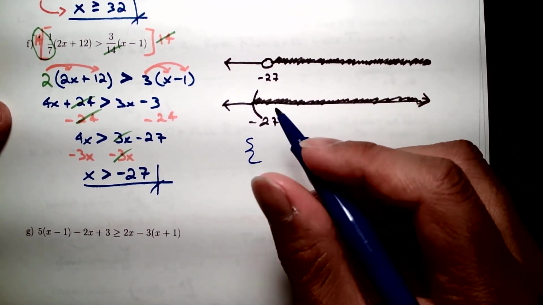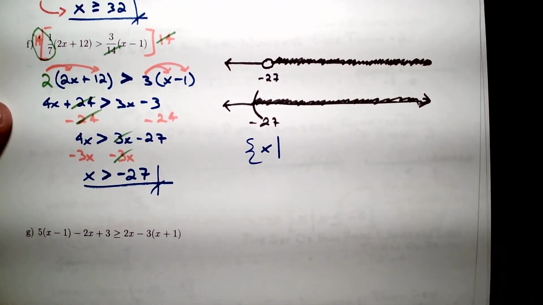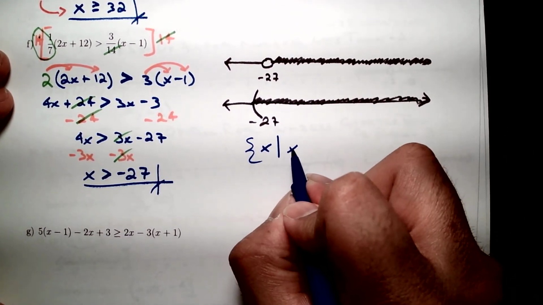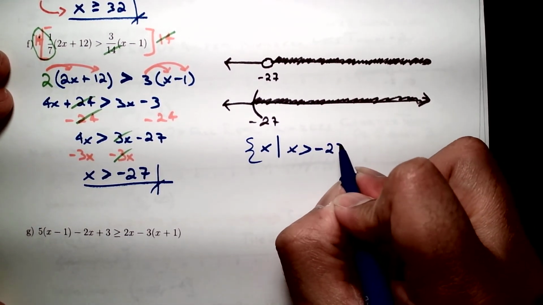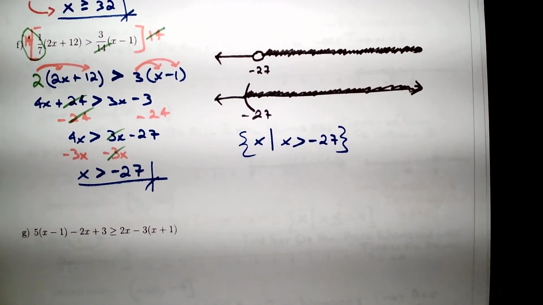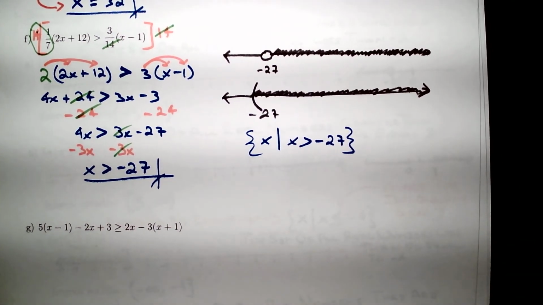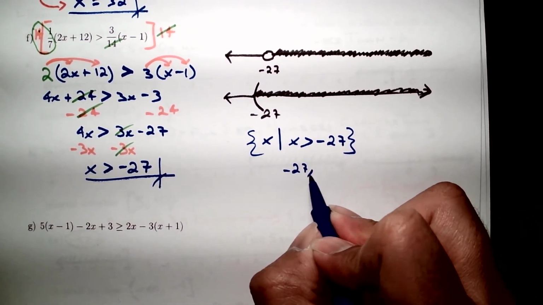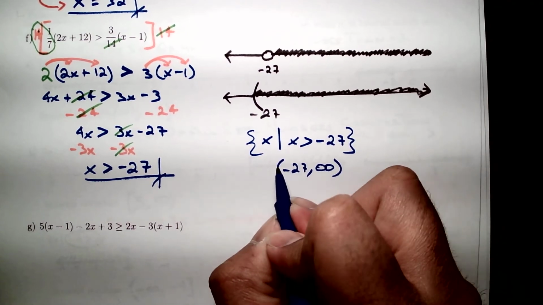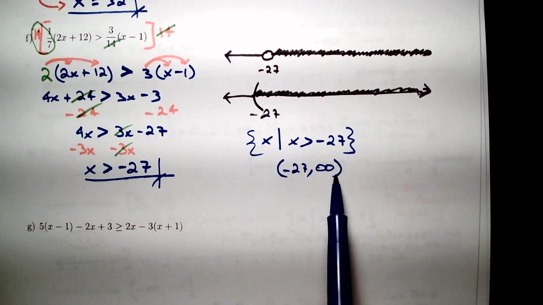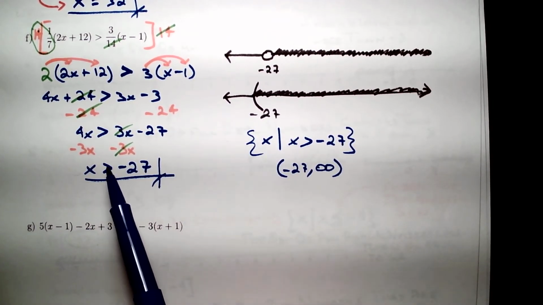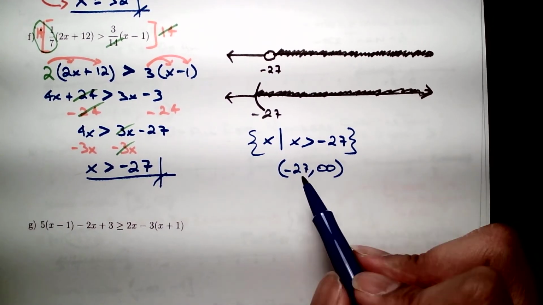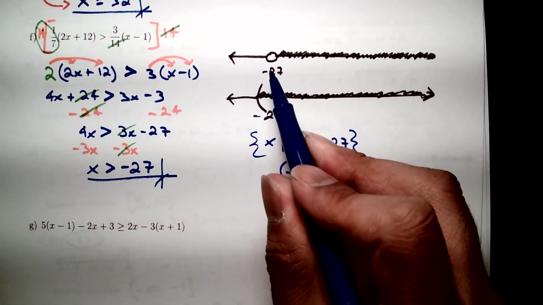All right. x such that x is greater than negative 27. Okay. So using interval notation, negative 27 all the way to infinity. Okay, both of them have parentheses. Okay, look at the inequality sign, how it is consistent or congruent with the parentheses or the open bubble.